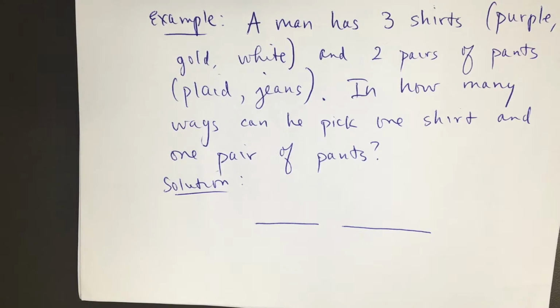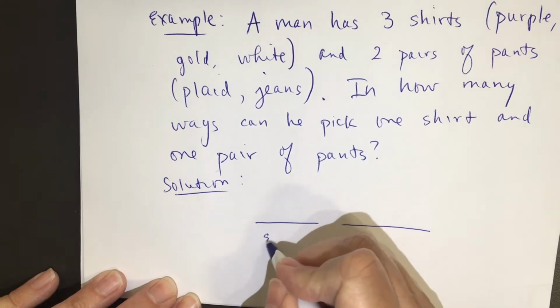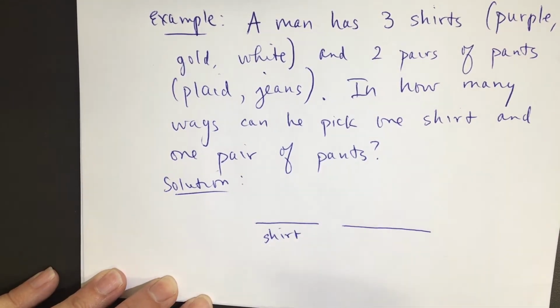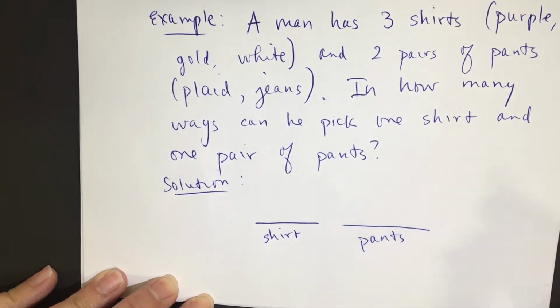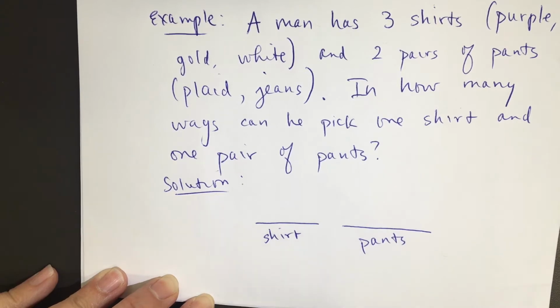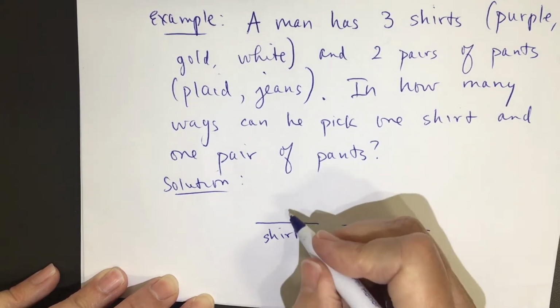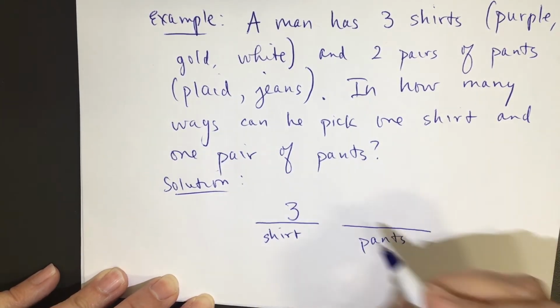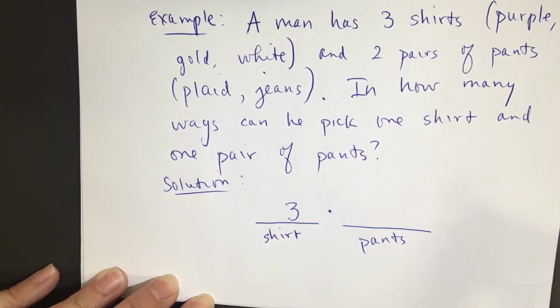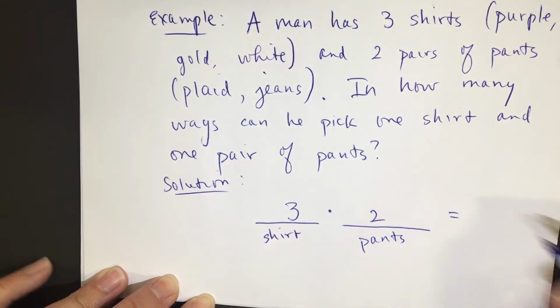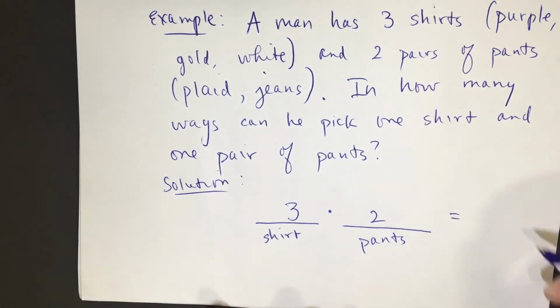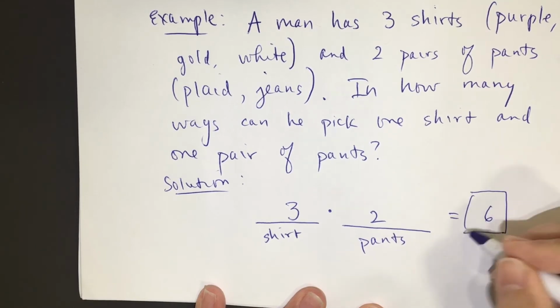In the blanks, write the number of ways each item could be selected. So the first blank is a shirt. The second blank is the pants. And in shirts, he has 3 choices. And in pants, he has 2 choices. And you'll do 3 times 2 and get 6.